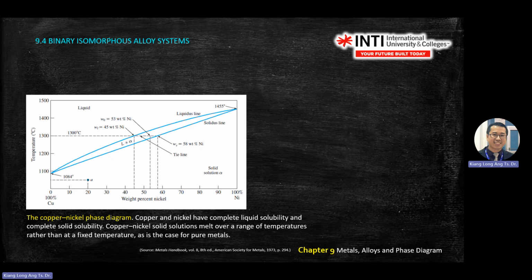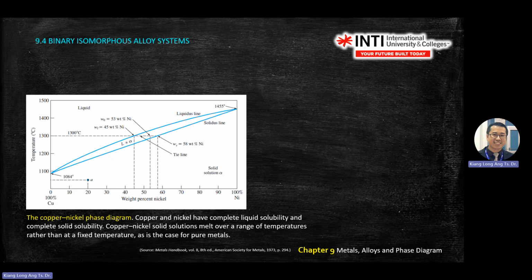You have 100% copper. This is the melting point of copper. Then this other point is 100% nickel. You can say this is the melting temperature of nickel.